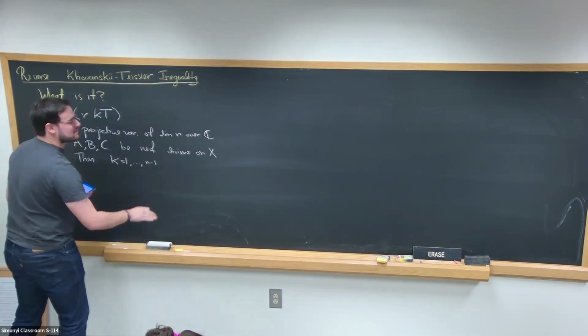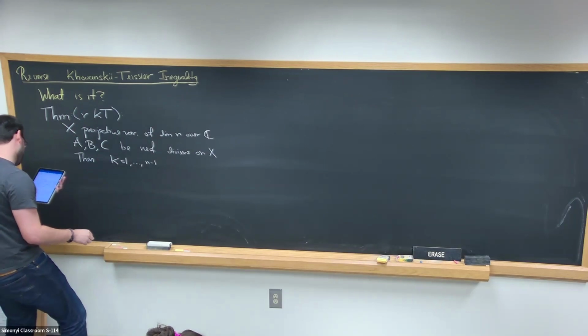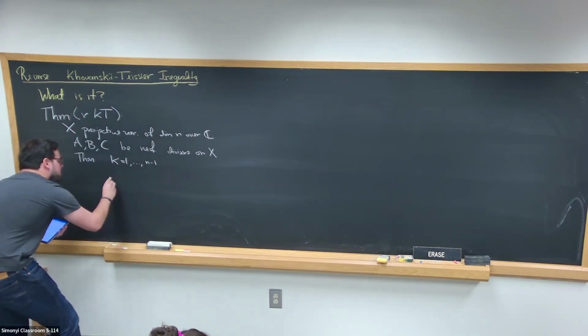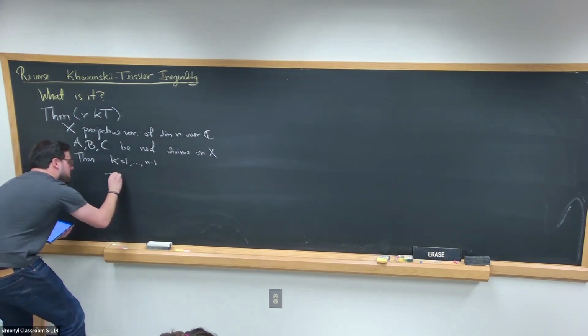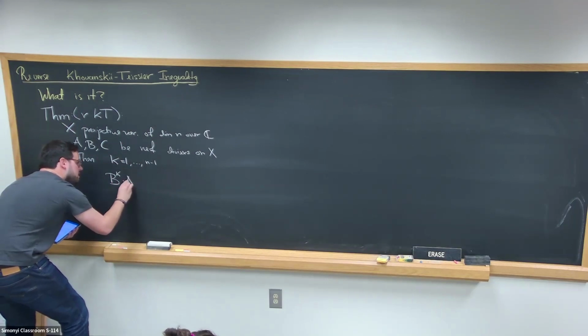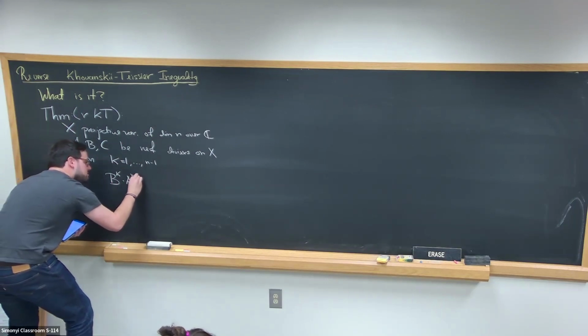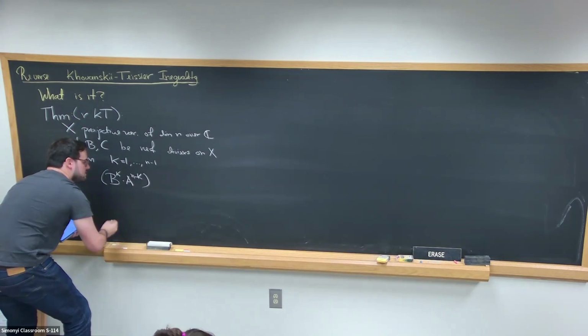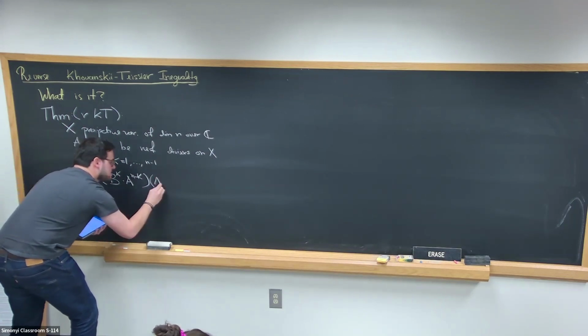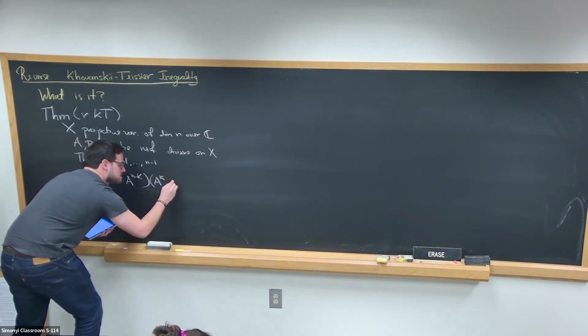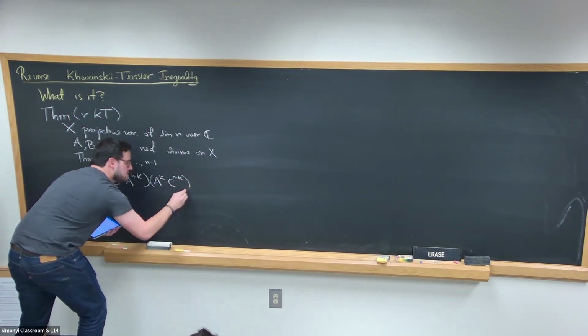This space is going to be a problem, but that's okay. We have B to the k times A to the n minus k, and C to the n minus k.